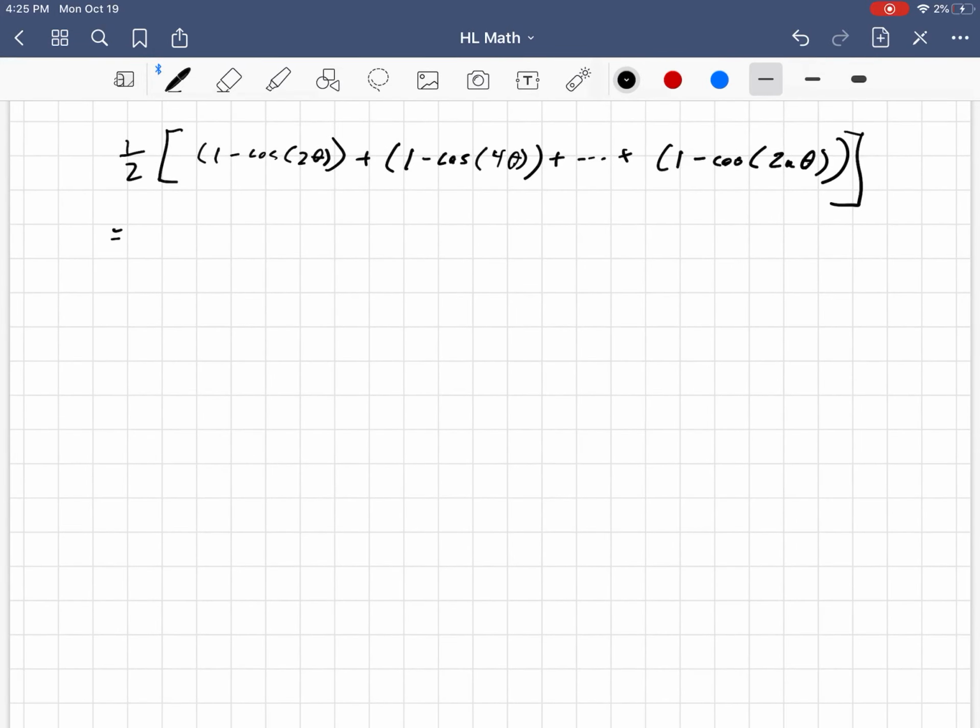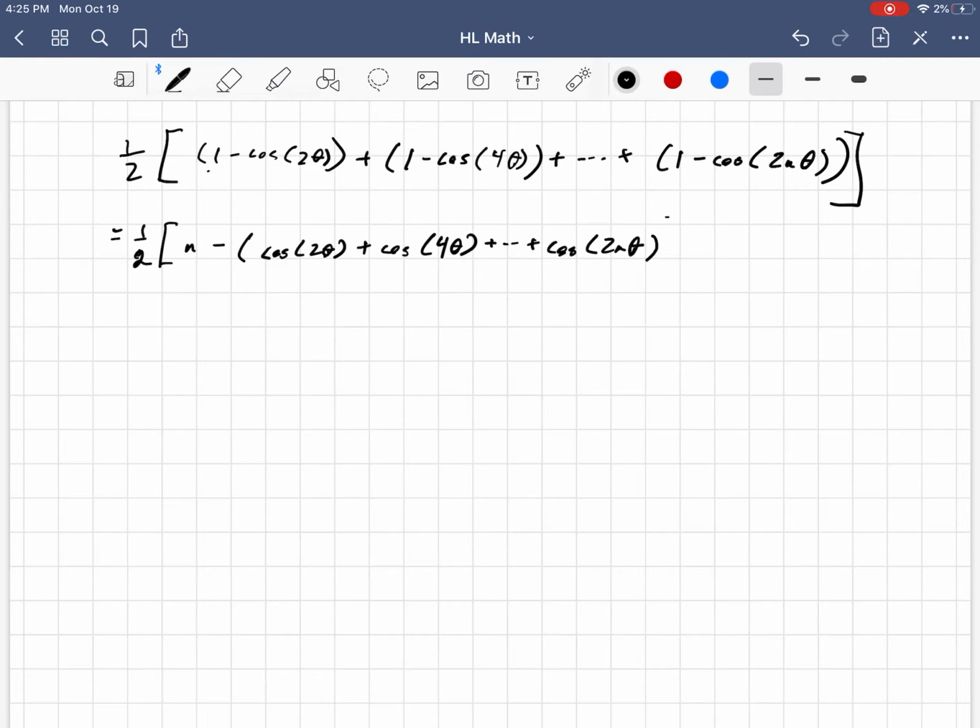Now, we get 1/2 times, now there's n of these 1s, so we get n, and then minus, and I'm just going to pull the minus sign out front. We have cosine 2 theta plus cosine 4 theta, so on and so forth, plus cosine 2n theta.